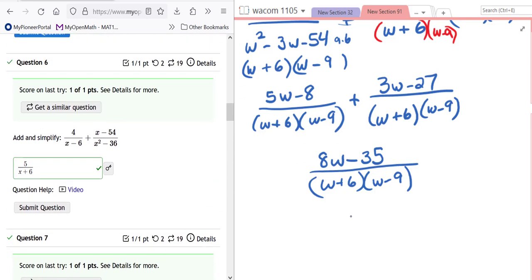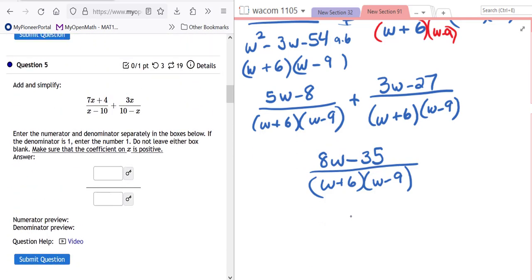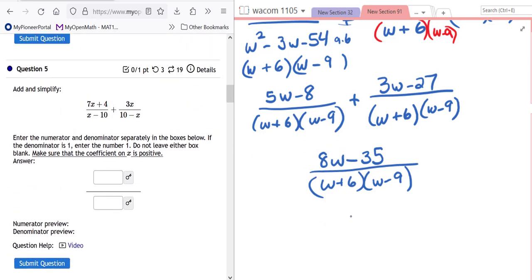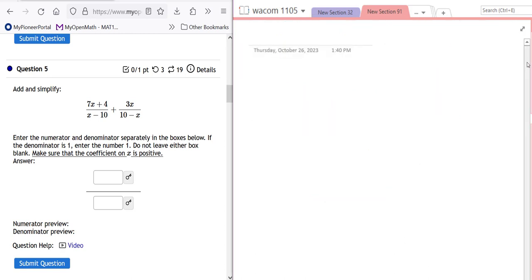Let's go back to the one I skipped. Number 5. This one has what we call opposites. Opposites are negative reciprocals for denominators, and you only need to pick one of those because you can force the other one to match.